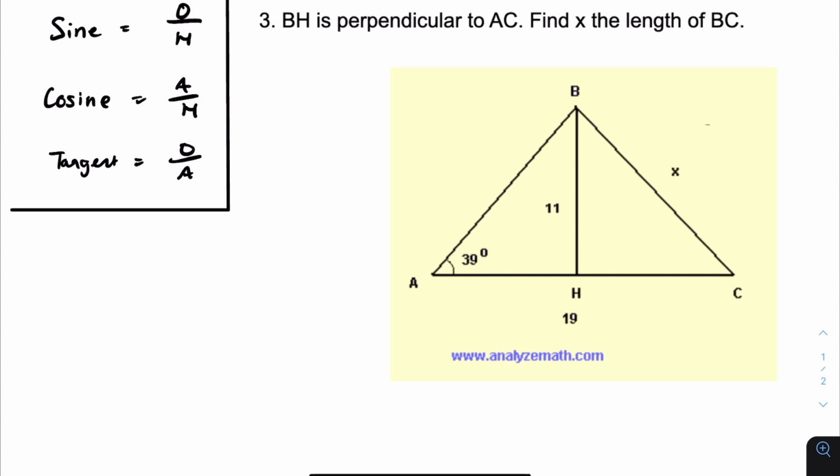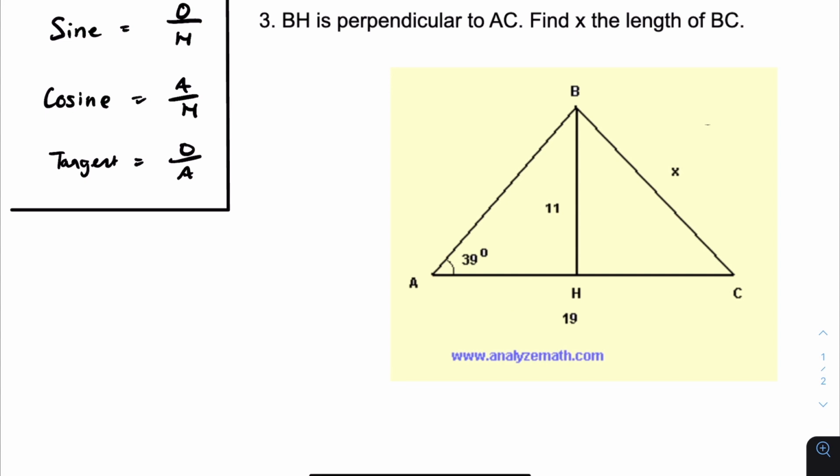So let's not fall into that trap, and let's do this in a way that guarantees our answer is correct instead of making assumptions. So what we want to first do is figure out what this length is over here, because we're given that the overall length is 19, but if we know what this length is over here, we know what this length is over here, since it's a straight line. And we can therefore find x, which is the value we want. So to find AH, we need to first identify which one we need to use.